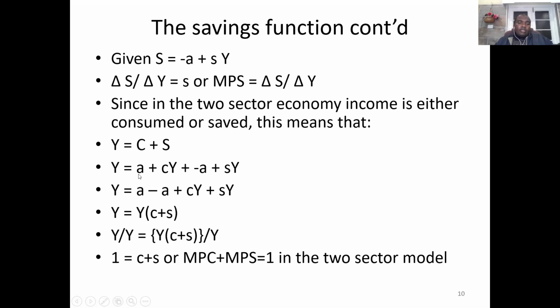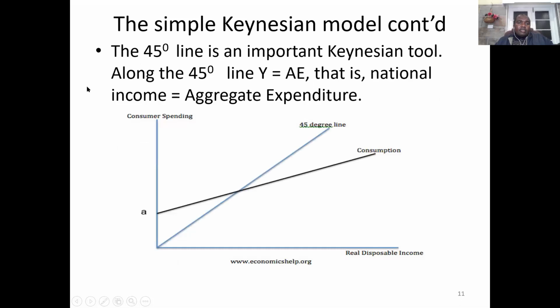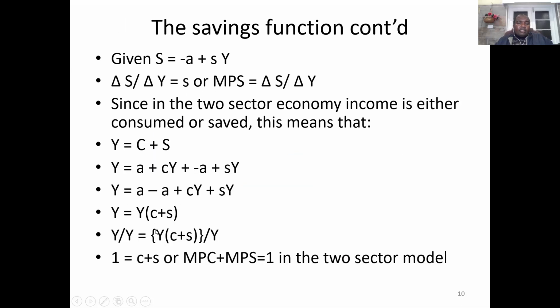Grouping like terms together, we get capital letter Y being equal to A minus A plus CY plus SY. A minus A is 0, and then we are left with Y is equal to CY plus SY. And then we factorize Y to get Y factor of C plus S.